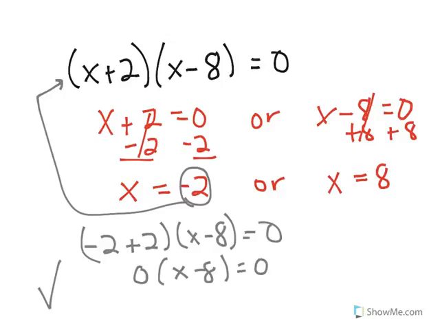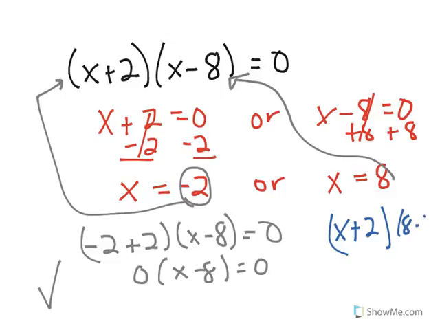On the other side, if we plug 8 into the original equation, we have the factor x plus 2 times 8 minus 8, or x plus 2 times 0 is equal to 0. Again, anything multiplied by 0 is equal to 0, and so that checks.